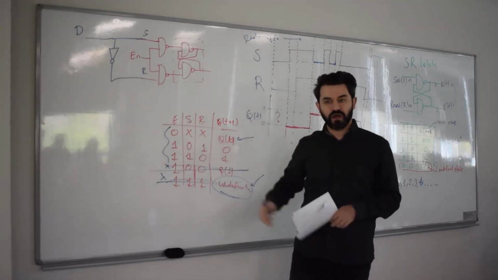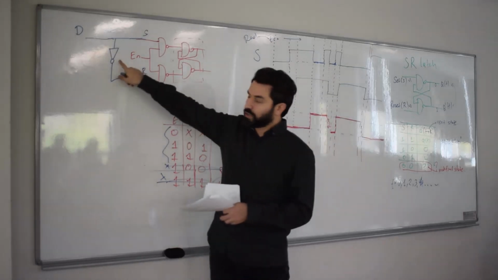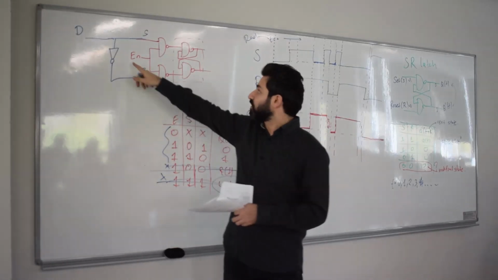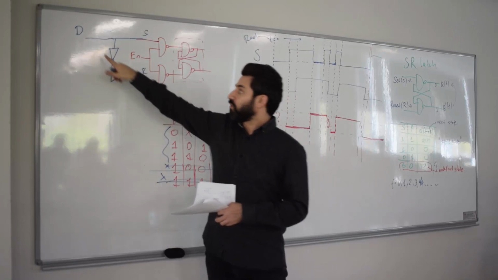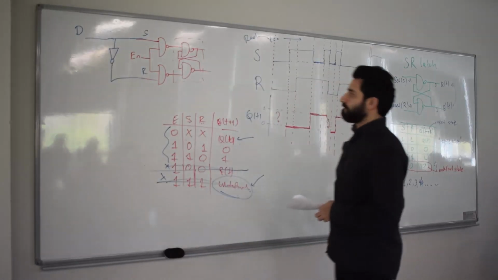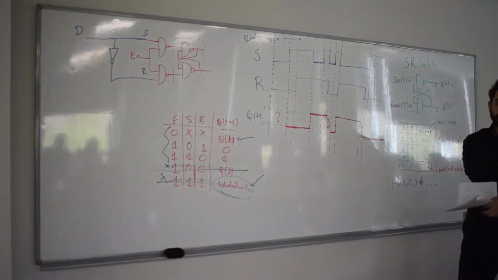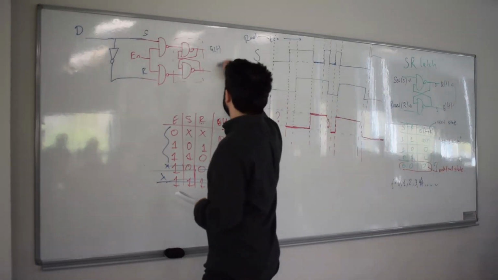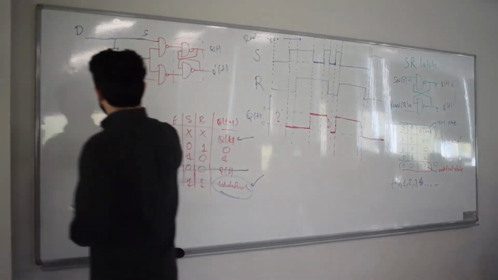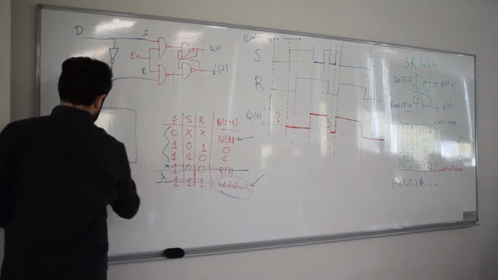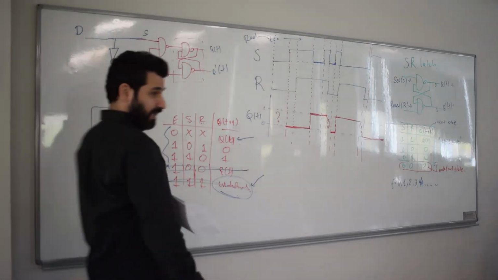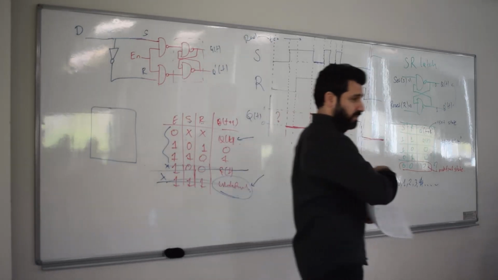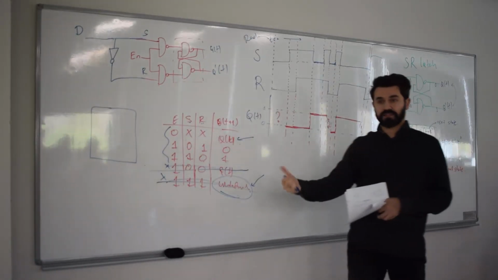So we get rid of the undefined state by just putting a NOT gate in front and connecting these S and R with a single input D. Okay? You see there is an enable input, D input, Q output, and Q prime output. The following picture is what you're going to be seeing in the lab, in the class, all the time.